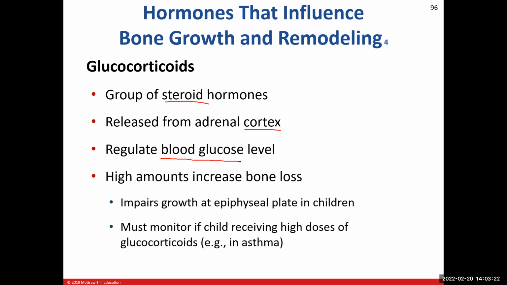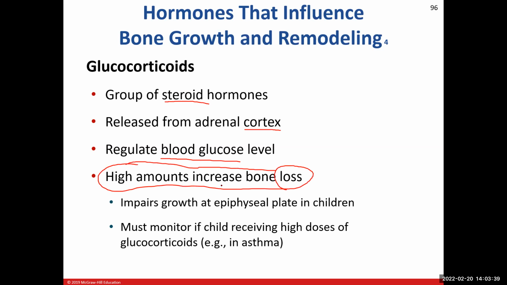But sometimes we give people cortisone injections. And if we have to do it over a large period of time, this is very important, we can increase bone loss big time.